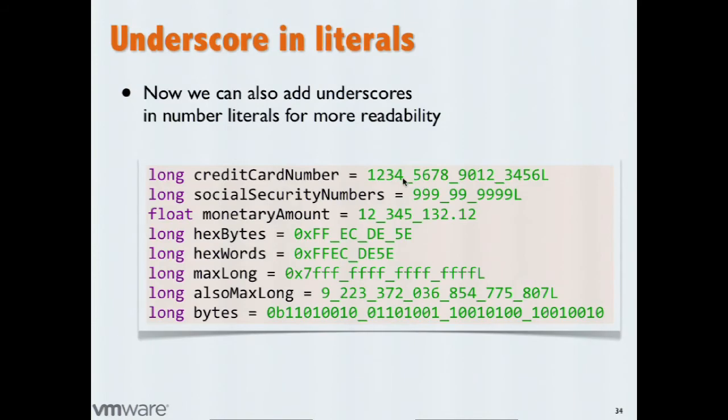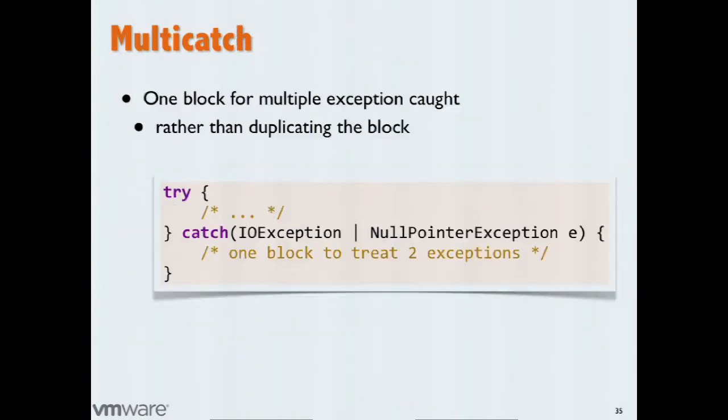We also support the underscores in your literals. That's nice for things like credit card numbers or separating 8 bits, etc. We also have the multicatch, where you can catch different exceptions, IO exception as well as null pointer exception, instead of creating 2 different catch blocks.